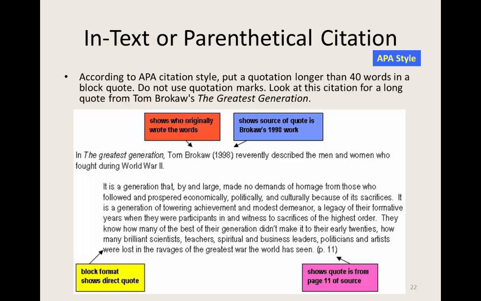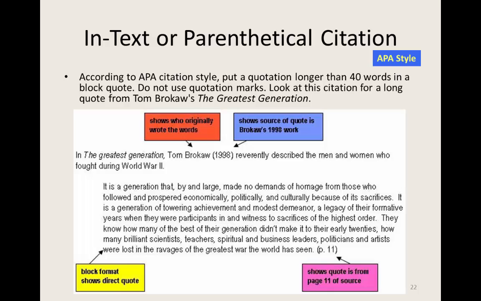So again, Tom Brokaw shows who originally wrote the words, and the 1998 within parentheses shows the source of the quote is Brokaw's 1998 work. So we'll continue. Tom Brokaw (1998) reverently described the men and women who fought during World War II. Then we have our block quote, taken from his book.